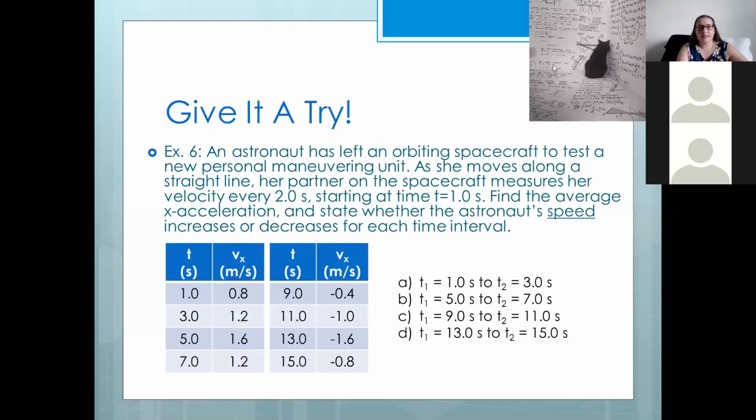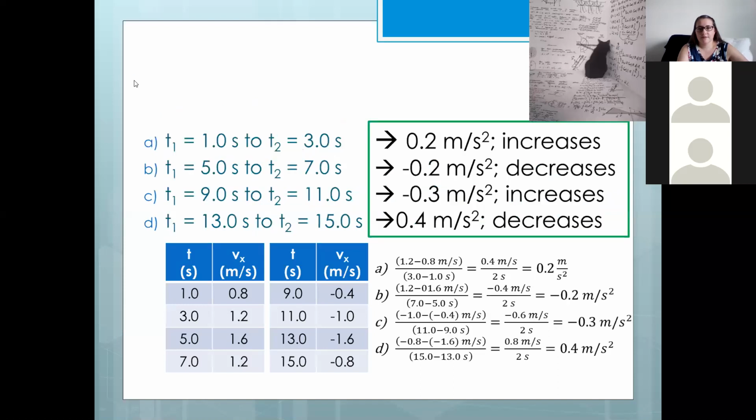Okay, so let's start working through these together. Hopefully your answers look somewhat along these lines. I have the answers there in the green box, and then the math part worked out on the bottom. So that first time interval from 1 second to 3 seconds, we'll look at that one first.